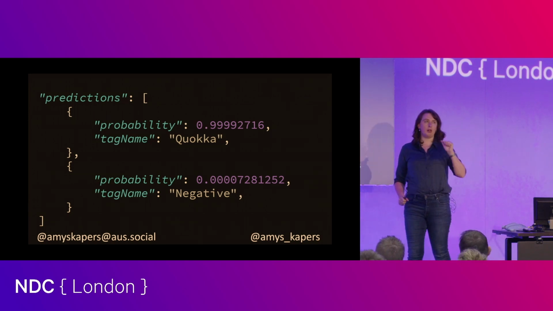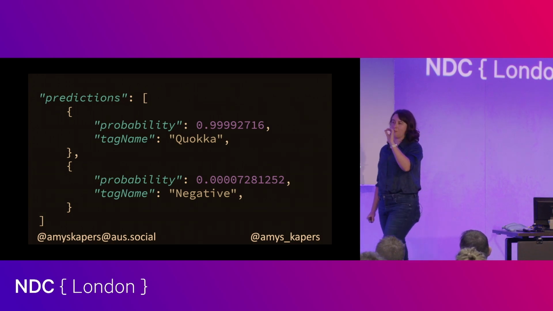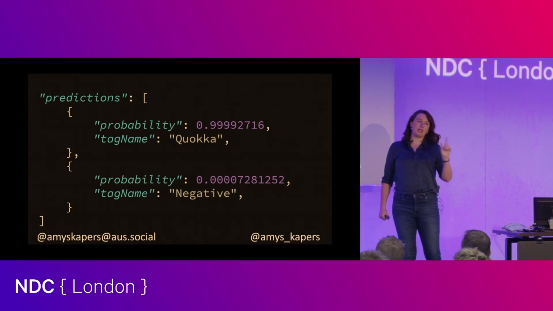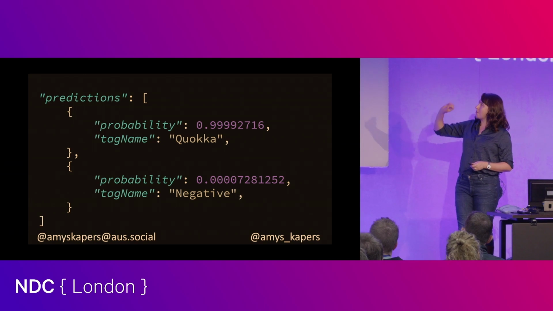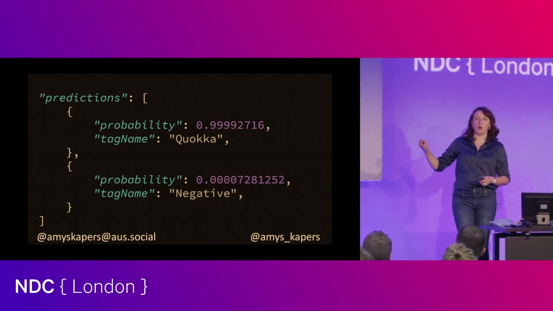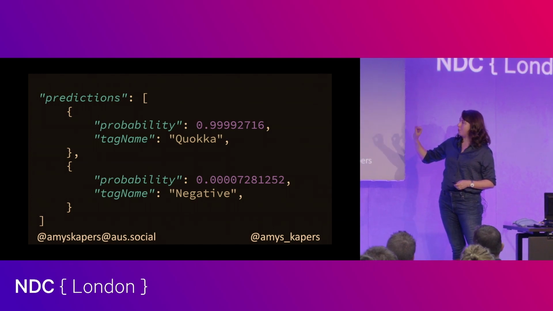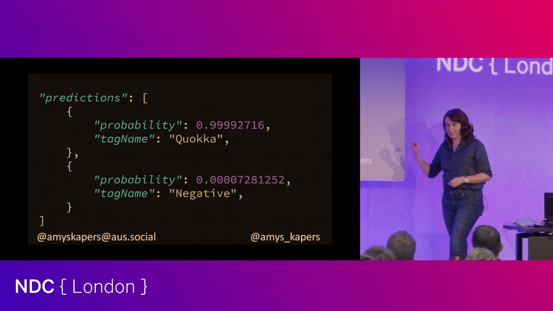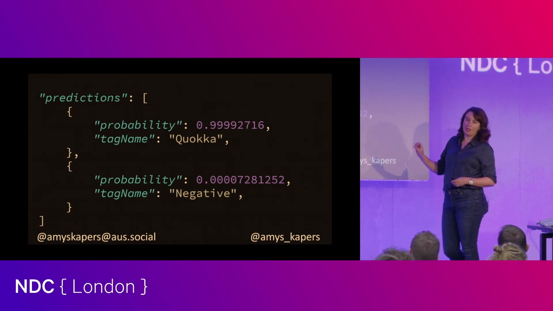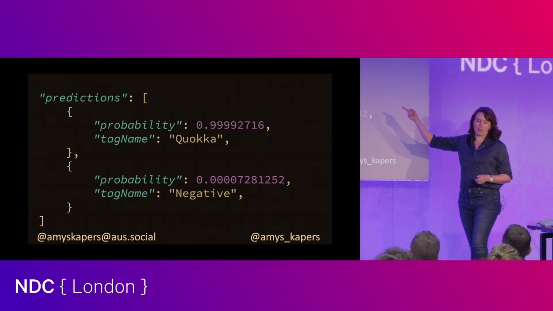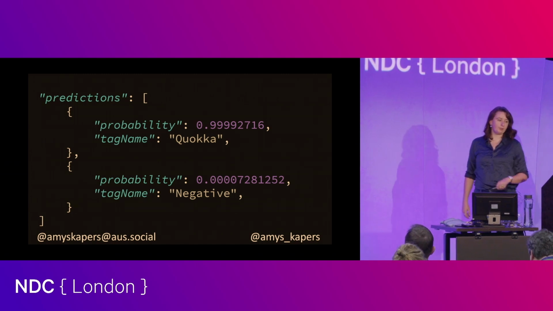This is how certain it is that this tag is applied to this image, and then the tag name. So in this case, it's 0.9999 certain that it's a Quokka and 0.00007 certain that it's not a Quokka. So this is fairly sure that it is in fact a Quokka, which is true because it is a Quokka.